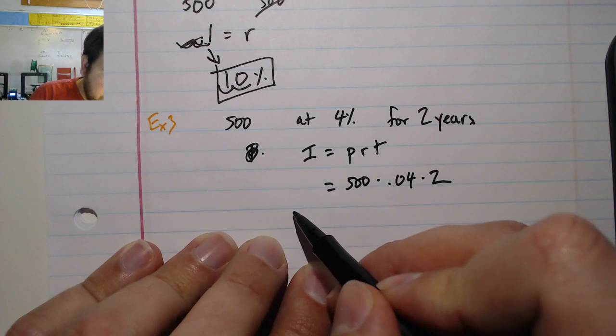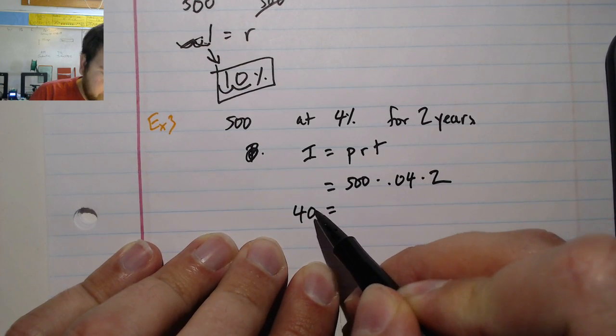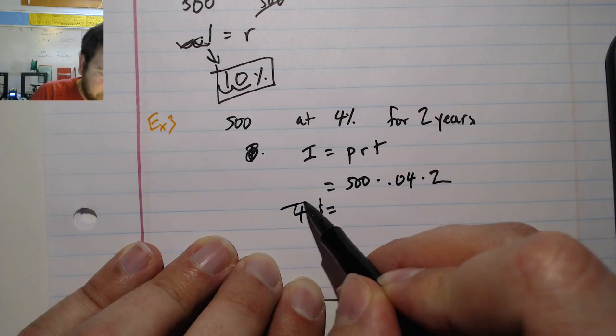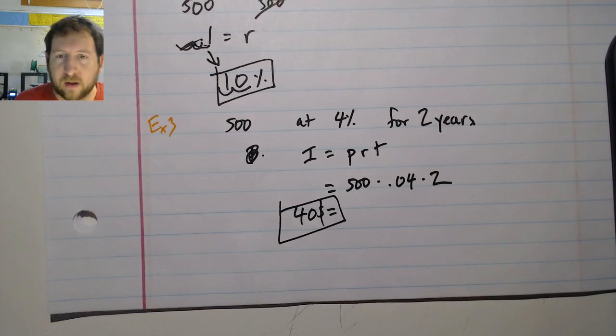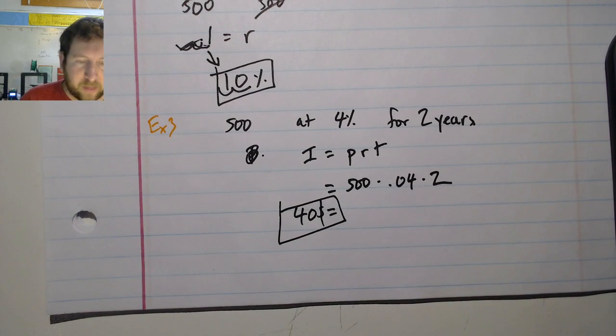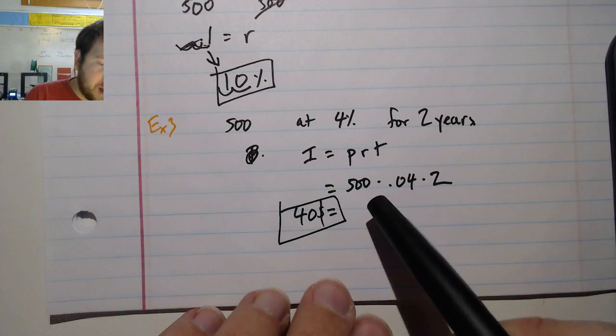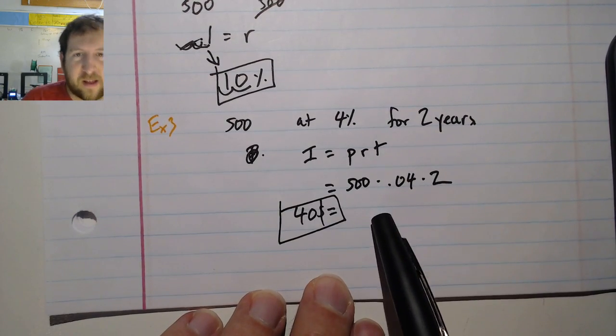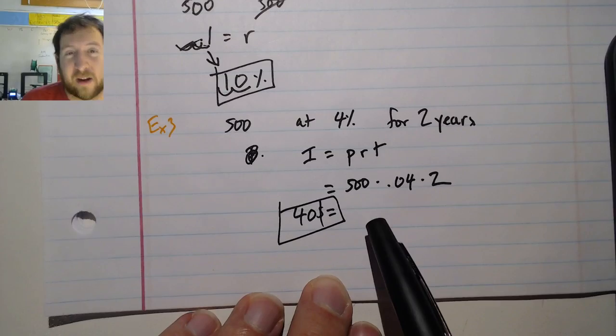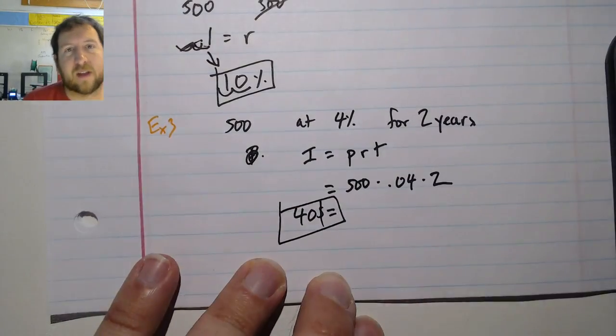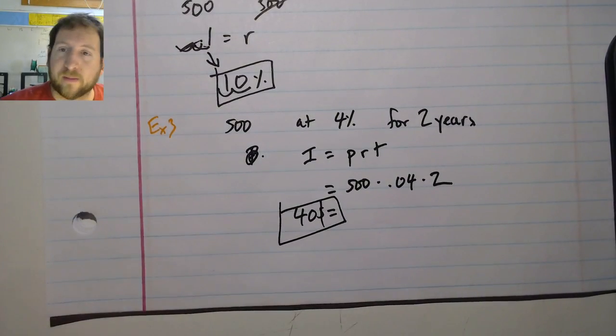And it looks like my interest here is going to be $40 that I'm going to be paying. Not too bad for that amount alone. Now, it looks like the homework is mostly going to be these similar problems, and it should be much easier than the solving that we had to do before. Go ahead and good luck.